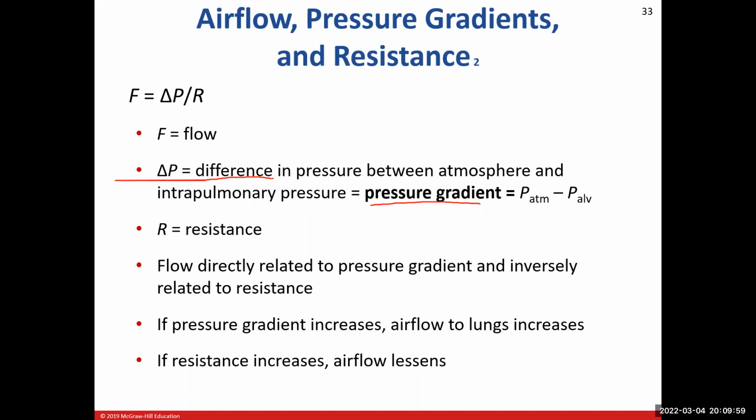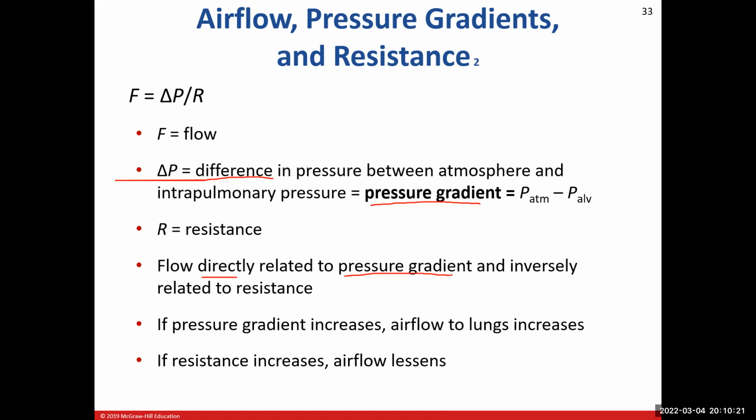We've seen this before when we were studying the heart or the circulatory system. Same equation, but now instead of our pressure gradient being applied to liquid, it is applied to gas, our air.